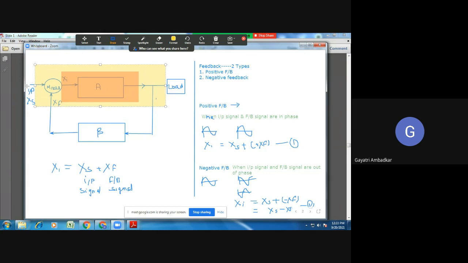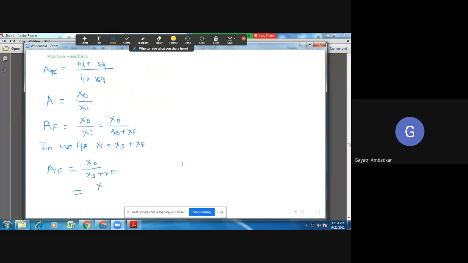XI is the input to this amplifier without feedback. But when I consider feedback, my incoming signal is XS. So I will consider here input as XS. Got it?